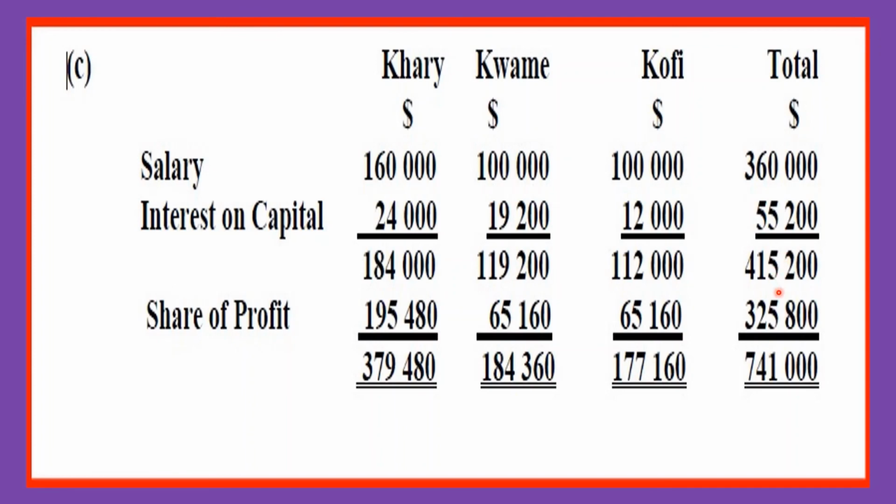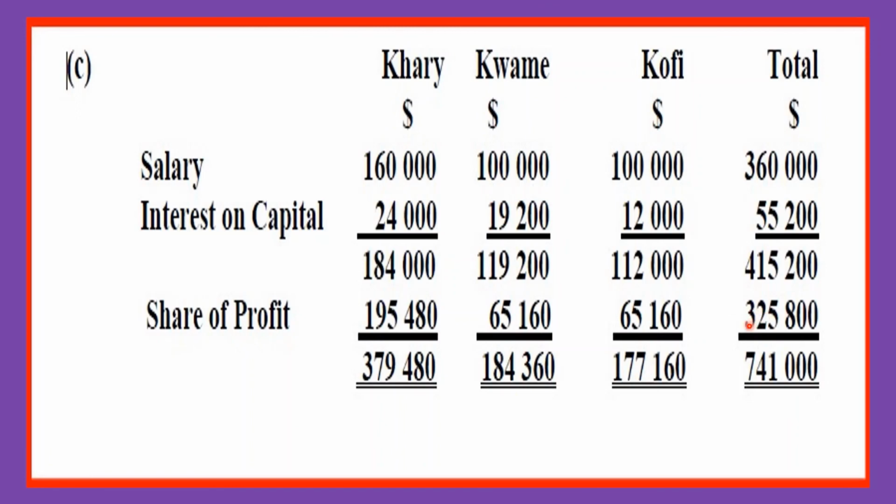Which leaves 325,800, the profit to be shared among them in the ratios. When we share it in the ratio, Kari will get 195,480, Kwame 65,160, and Kofi 65,160.